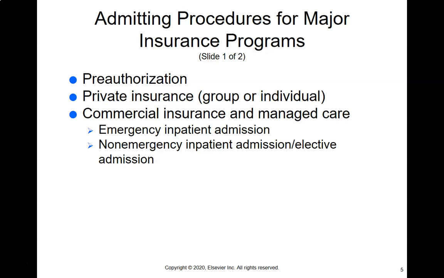Admitting procedure for major insurance programs. Some services require prior approval from the insurer before they can be performed. This is known as pre-authorization. Private insurance, either group or individual, includes commercial insurance and managed care.